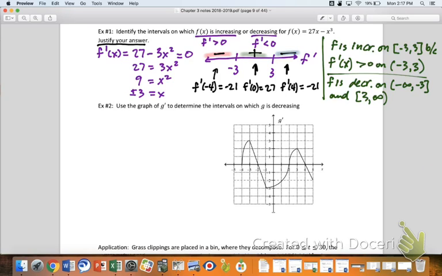Of course, you do have to be open on the infinities there. And it does want a justification, of course. So because why? Yeah, f prime is negative on those intervals. And you can just put those intervals if you want, or you can repeat yourself, whatever. Either one of those is okay.